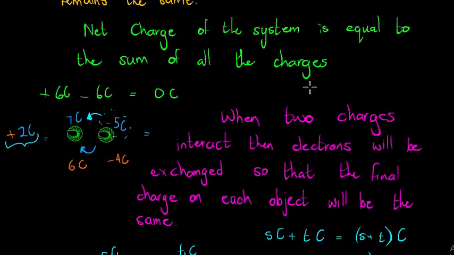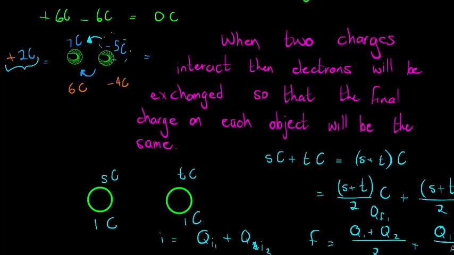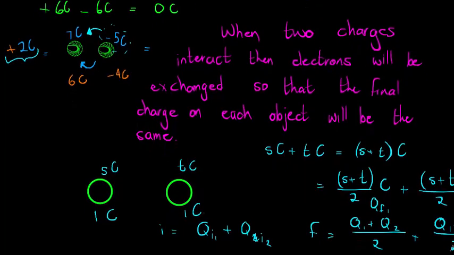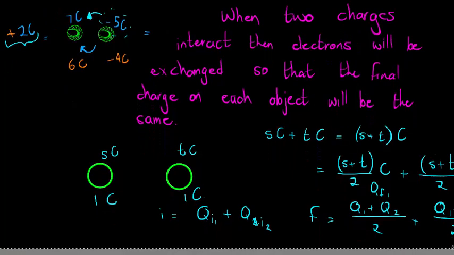That's the net charge before there's any interaction. If there is any interaction, then the charge afterwards will simply be the average of the net charge that I calculated, and the charge on each object will be the same. In other words, the final charge of one object will always equal the final charge of the other object.